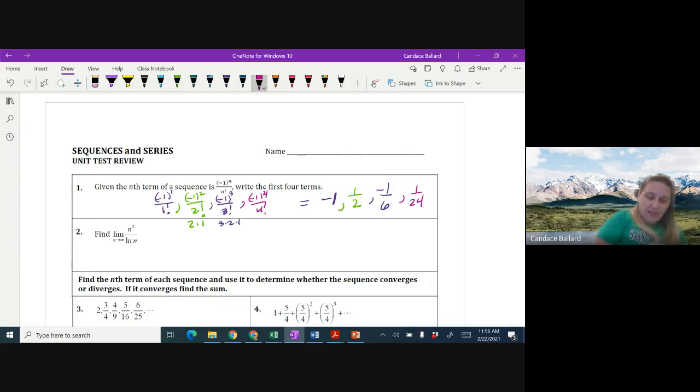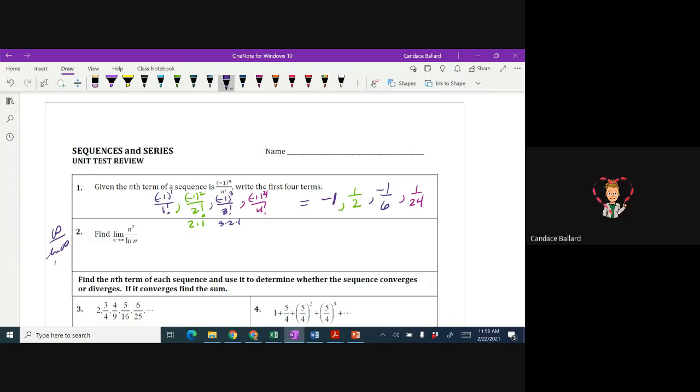All right, and then as we know, this limit is extremely important for this unit. So let's see what happens if I plug infinity in. If I plug infinity in, don't I end up with infinity over the natural log of infinity, which would be infinity over infinity?